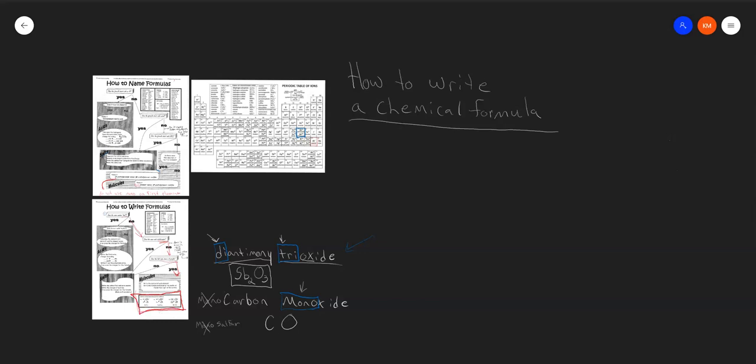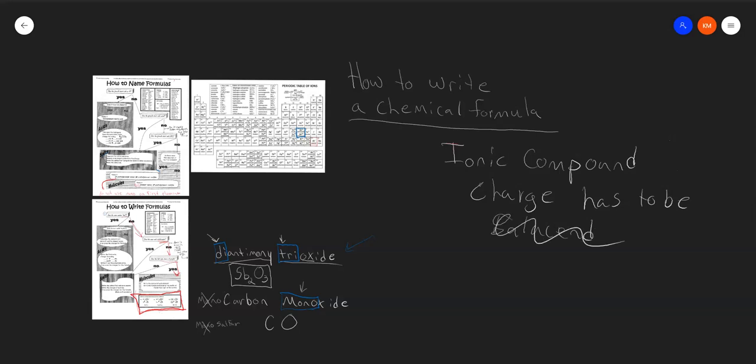The reason that this is important is on ionic compounds, so things made of elements with charges, charge has to be balanced. I'm pretty sure I spelled balance wrong there. All right. The charge has to be balanced, or it's neutral.